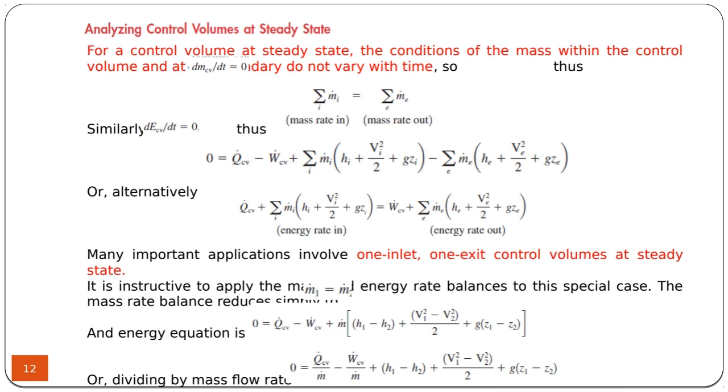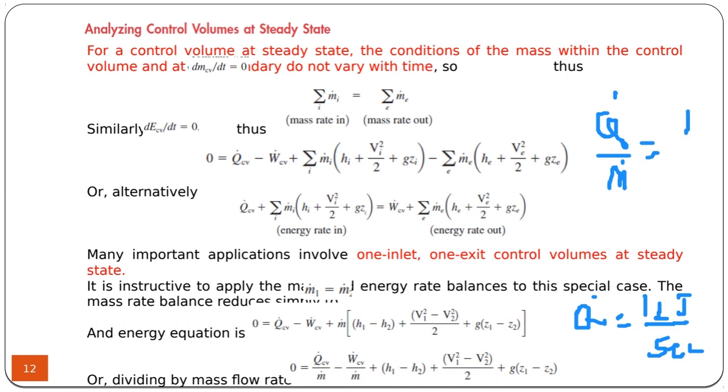Then we can write the whole thing per unit mass because these are given in kilojoules per second, for instance. So the first term here, Q dot, is in kilojoules per second because it's the energy per unit time. If Q dot is divided by m dot, it is going to give you kilojoules per kilogram.